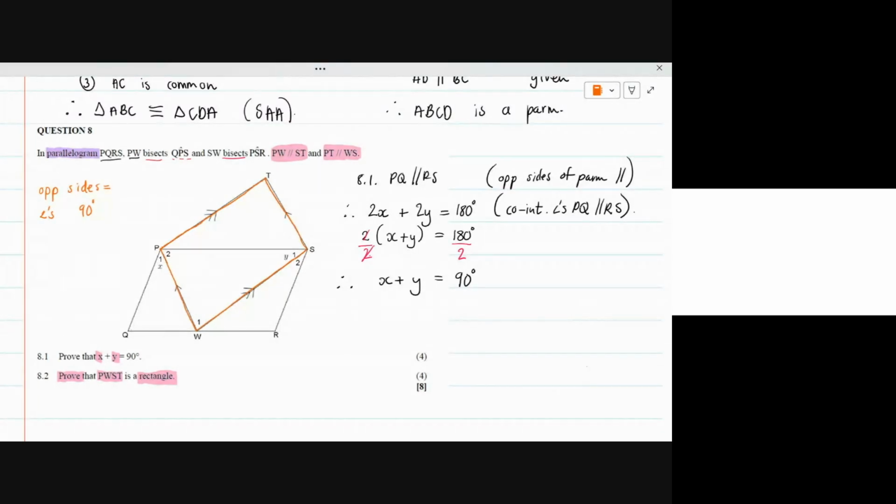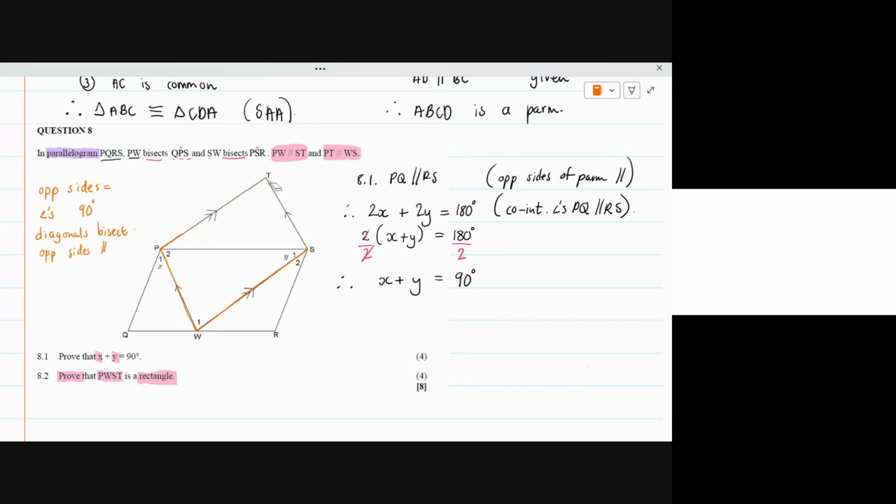The diagonals bisect. And then we also know that the opposite sides must also be parallel. So that's the kind of information that we've got here.